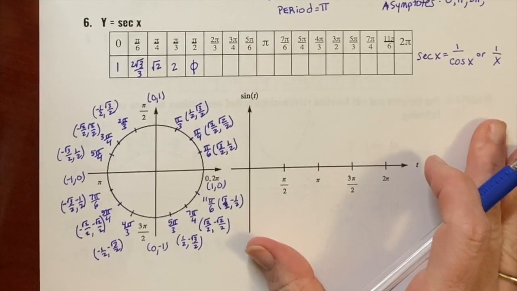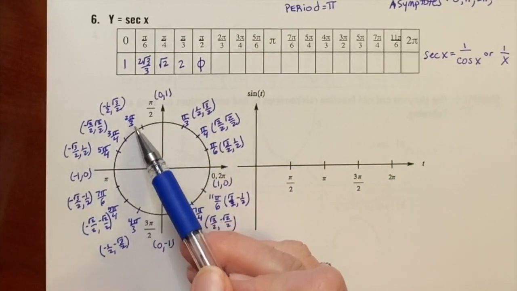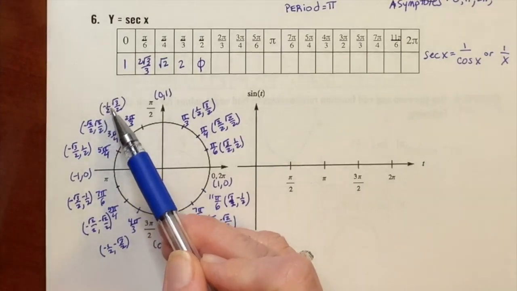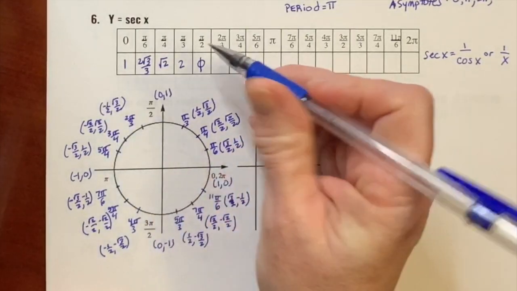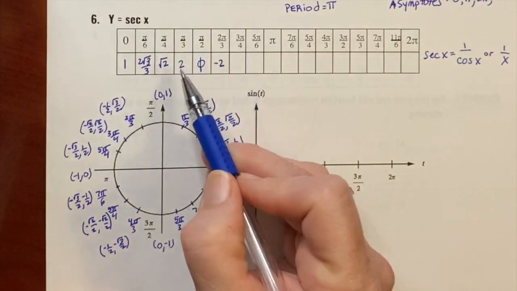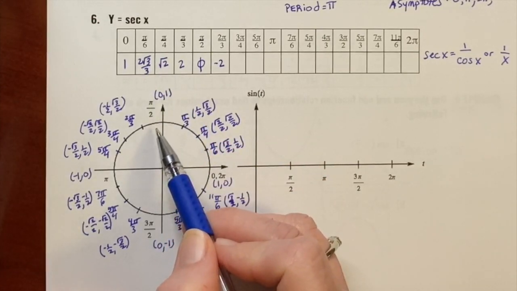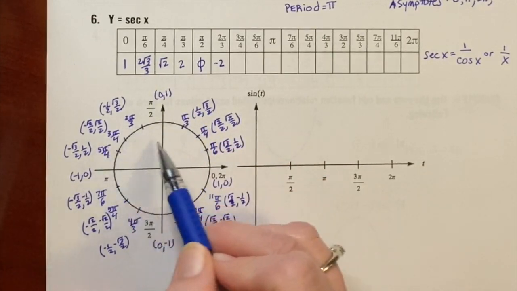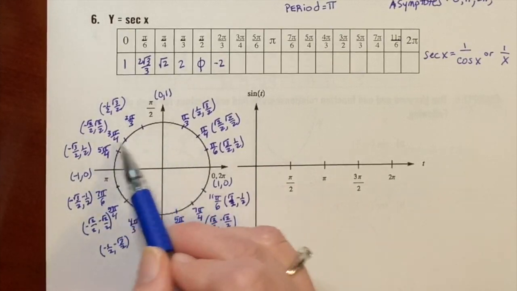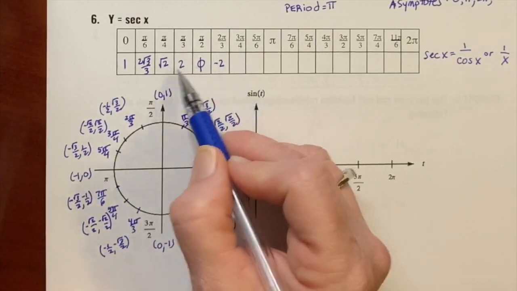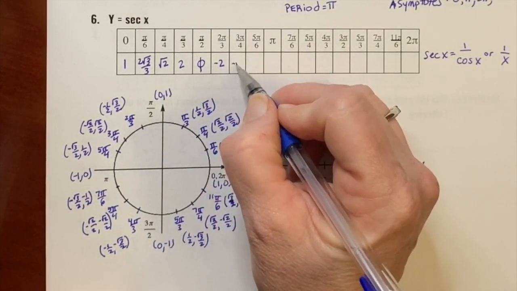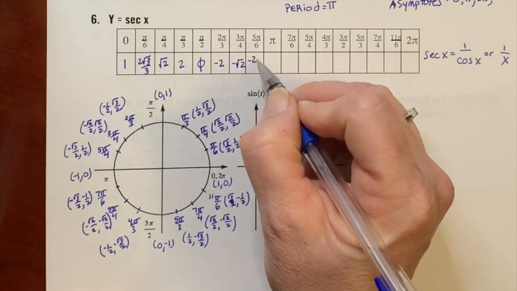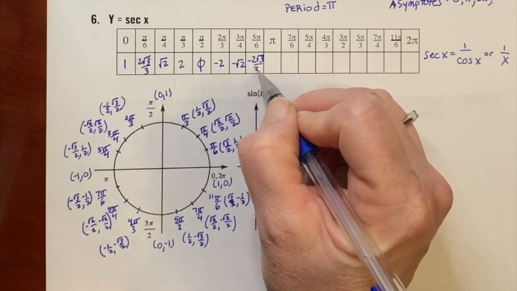All right, so let's rotate on around. At 2 pi/3, the reciprocal of negative 1/2 is negative 2. I can use the fact that cosine is the x coordinate, and in quadrant 2 the x, or the cosine, is negative, so it's the symmetry with the same values, but negative. Speed that up a little bit.